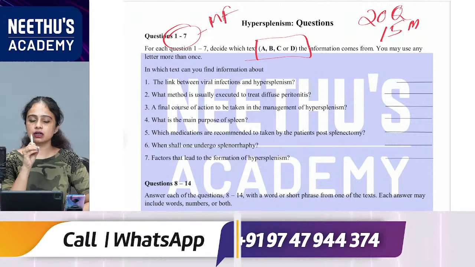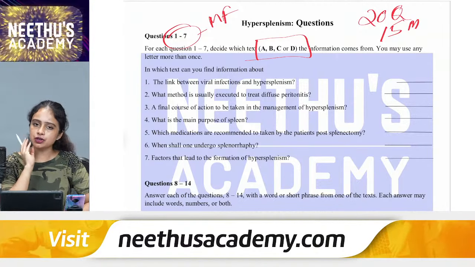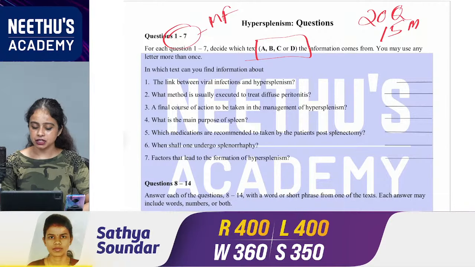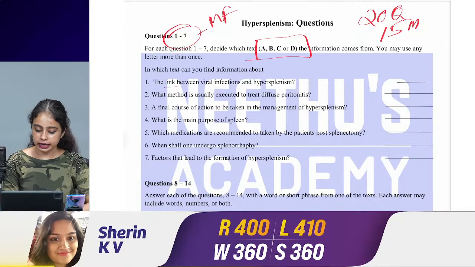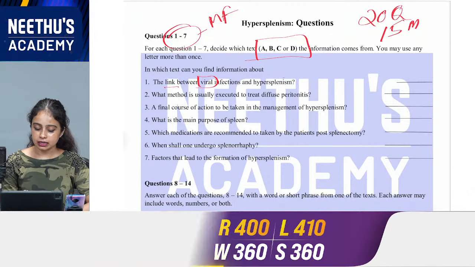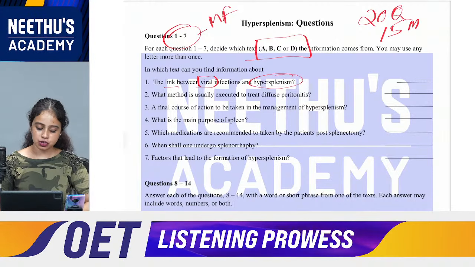When you read a question, always mark keywords from the question. So may I know what is your answer for the first question? The link between viral infections and hypersplenism. So my keywords, link, then viral as well as hypersplenism. Okay, hypersplenism. So what is your answer?